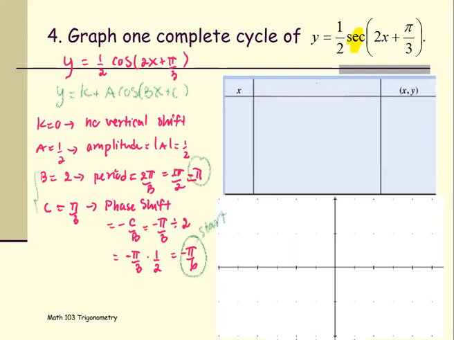So with these two pieces, we can determine the delta x, or the increment, the width for the 4 equal subintervals. The delta x is period divided by 4, which is pi divided by 4. If the graph starts at negative pi over 6, then the 5 key points to get one complete cycle will be negative pi over 6 added by pi over 4.